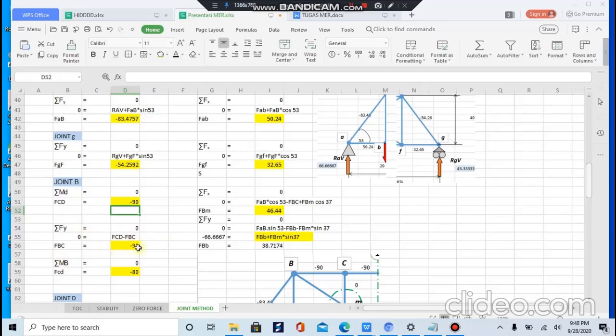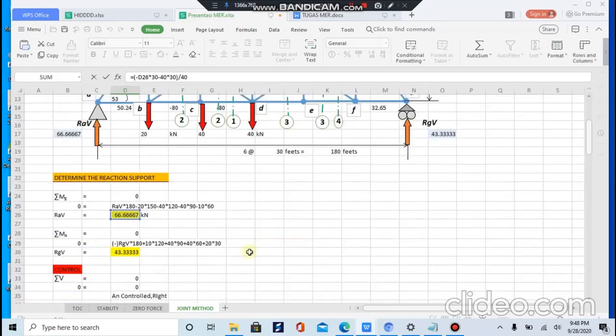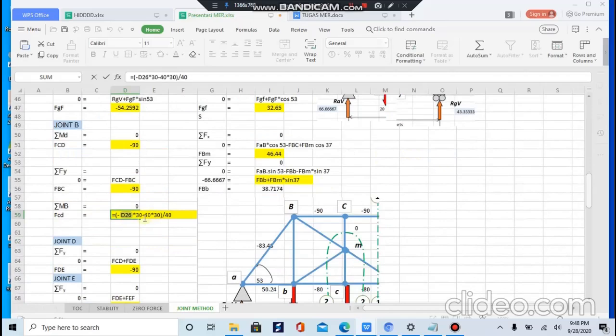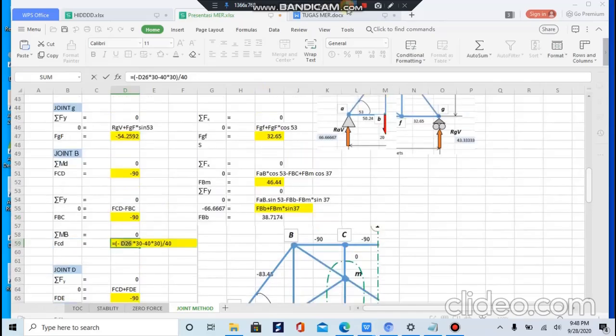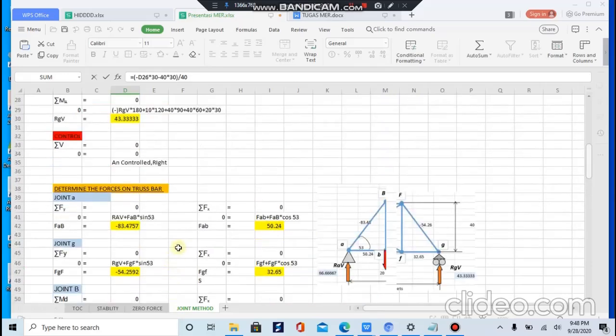For sigma MB is equal to 0, so FCD is equal to RGV times 30 minus 40 times 30 and divided by 40. Oh, sorry, it's not RGV, it will be RAV. So let's take a look at the draw.